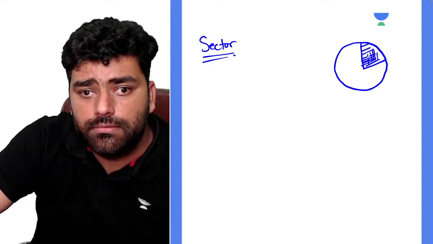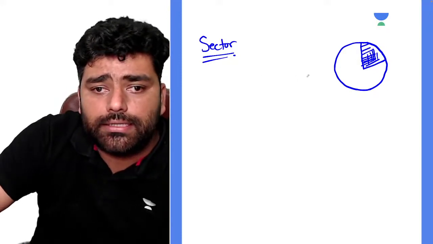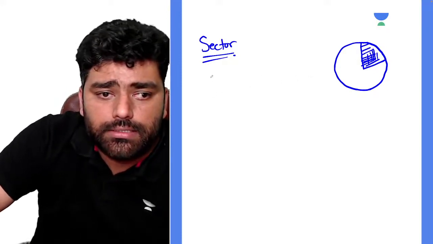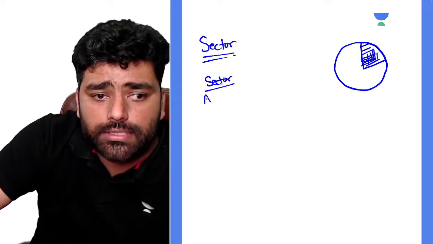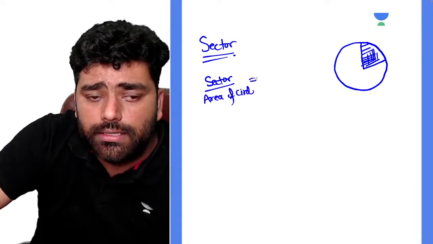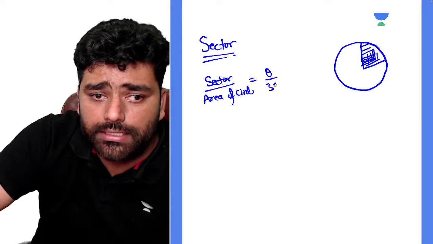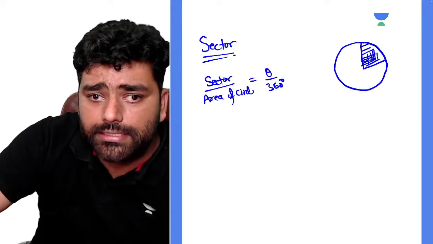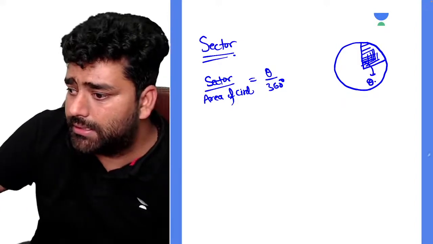A sector is a part of the area of the circle. So sector divided by area of circle is equal to theta divided by 360. Theta again is the central angle, this angle, we call that theta, right guys?